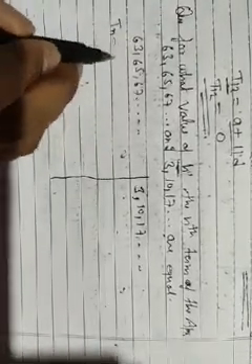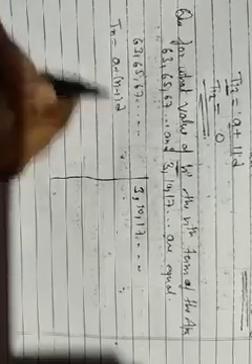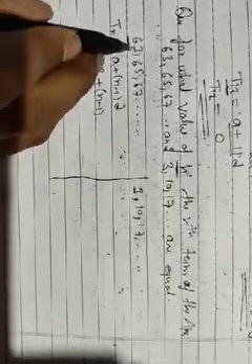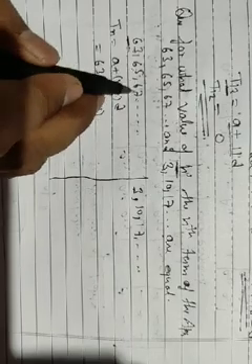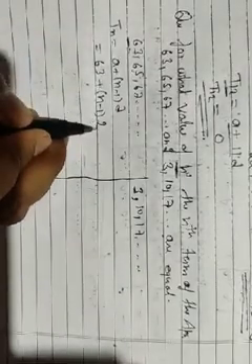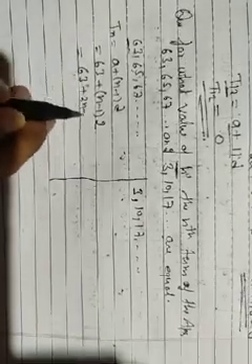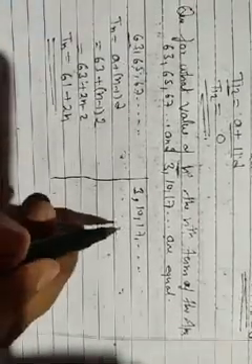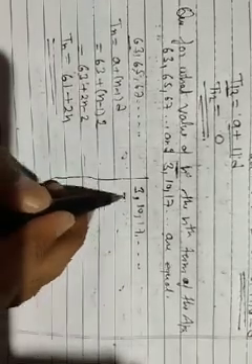Tn is A plus n minus 1 D. Our A here is 63, and D is 65 minus 63, so our common difference is 2. What do we get? 63 plus 2n minus 2. Then our general term is 61 plus 2n. This is our general term of the first series. Similarly, we are going to find the general term of the second series.